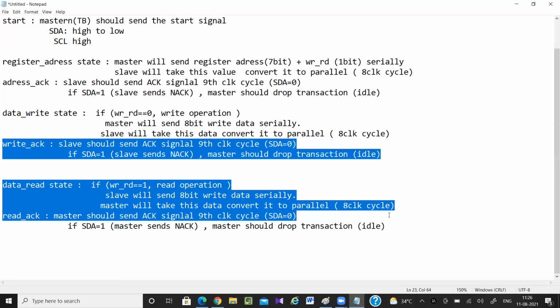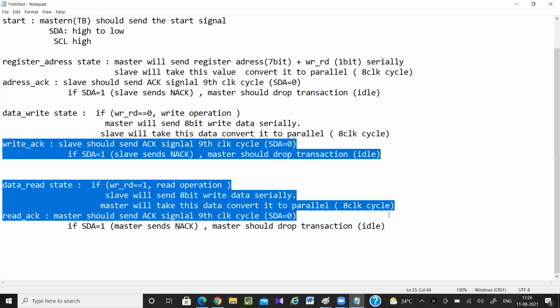Remember in I2C, after each 8 clock cycles, the slave or master should send the acknowledgement signal. You cannot directly send 64 bits. It is 8 clock cycles, then the acknowledgement signal, then again 8-bit data, then again the acknowledgement signal, and you have to synchronize it. If you are writing code for 8-bit address and 8-bit data, that code cannot be used for 8-bit address and 64-bit data.